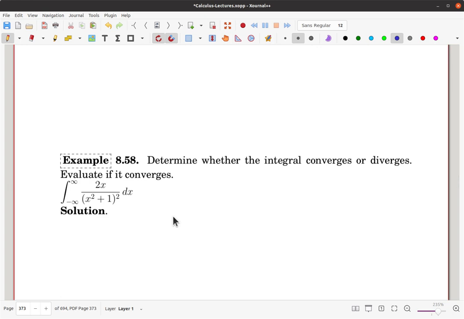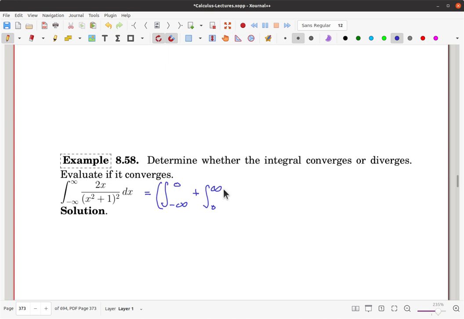Okay, again, same problem. Now we have an unbounded domain, from minus infinity to infinity. For this problem, you have to get two integrals: for example, from minus infinity to 0, and the second one from 0 to infinity.